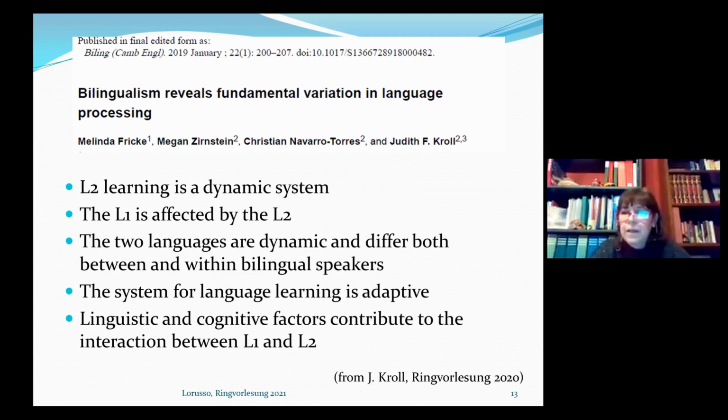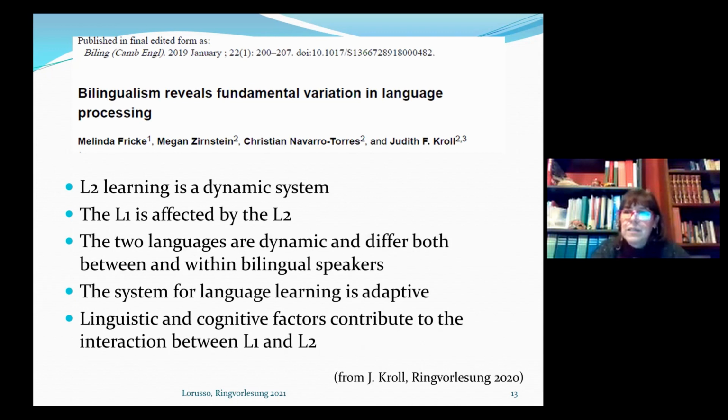So also the same speaker can have different characteristics and have a different pattern of his bilingual abilities when immersed in different contexts. The system for language learning is adaptive, and there are not only linguistic but also cognitive factors that contribute to the interaction between the two languages.